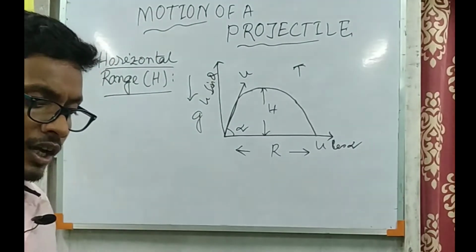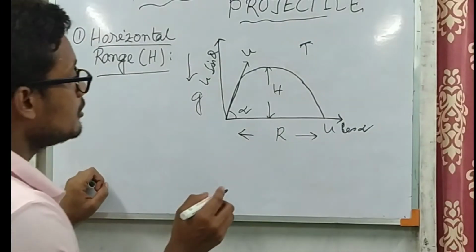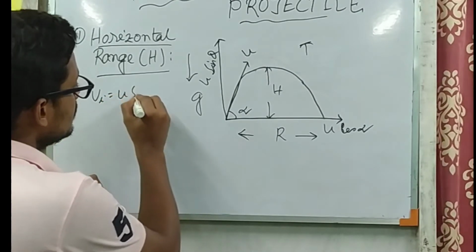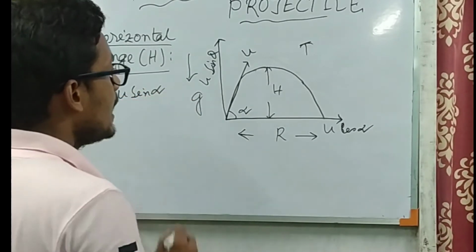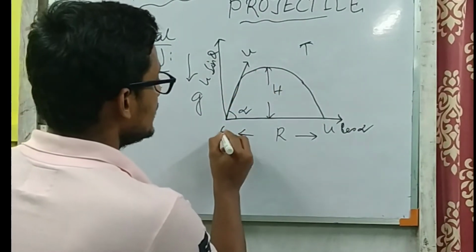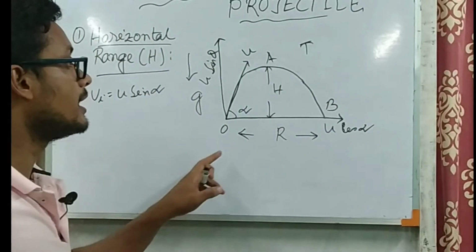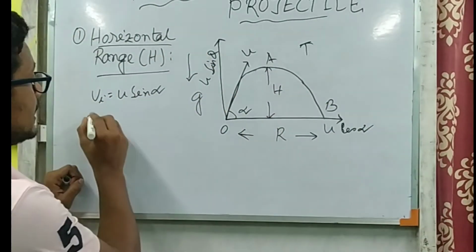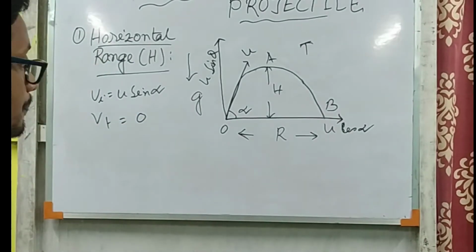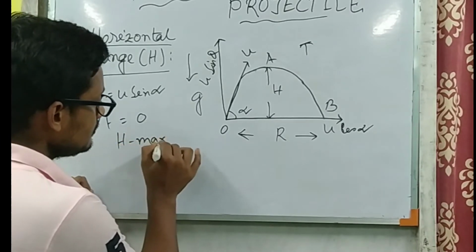To find the maximum height, we will consider only the vertical motion because the particle is moving in the upward direction. So the initial velocity Vi is equal to u sin alpha, and the final velocity, that is the velocity at the maximum point. If we consider the trajectory of this particle AOB, then the velocity at point A, that is the final velocity, should be equal to 0.